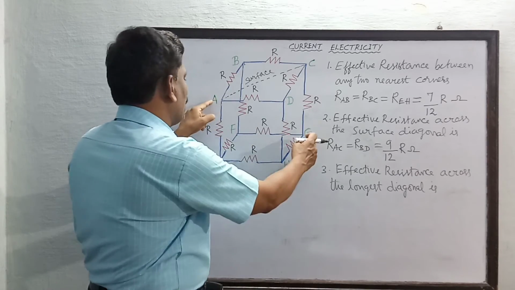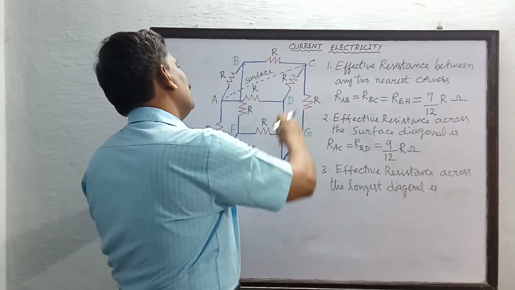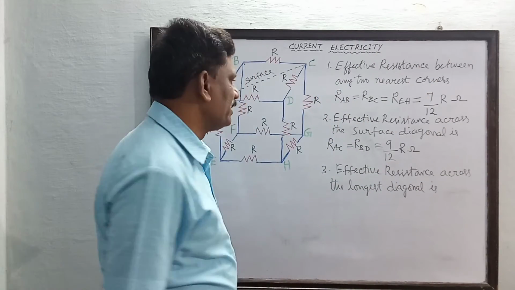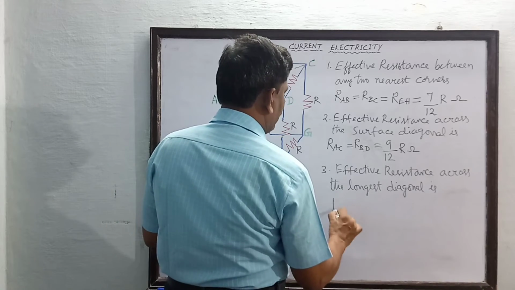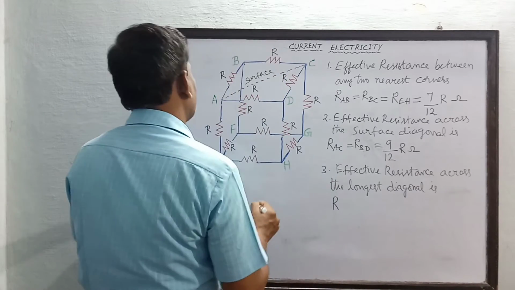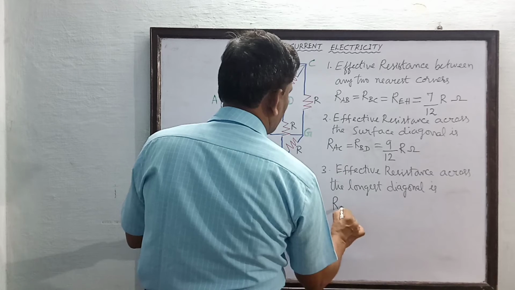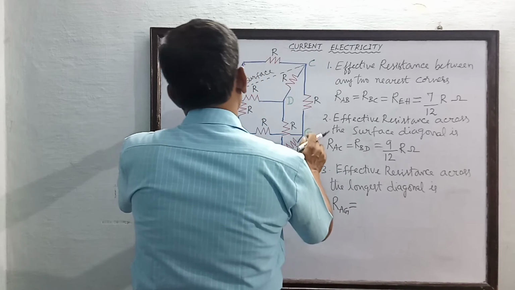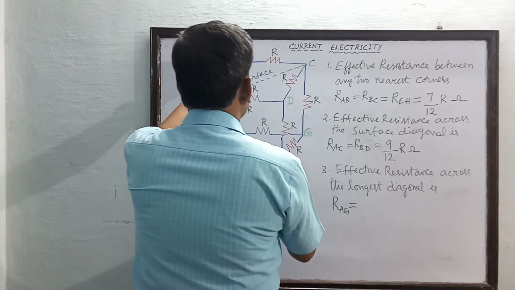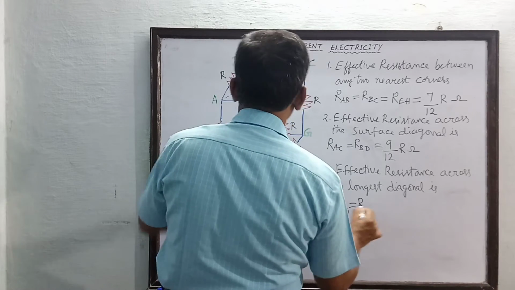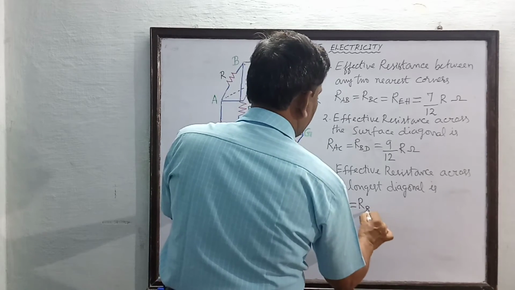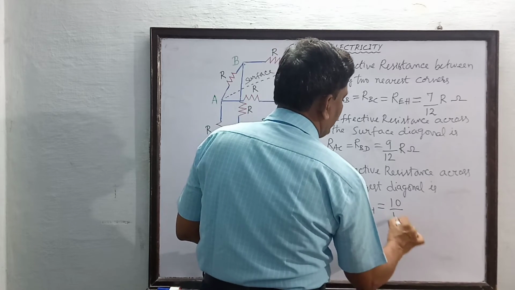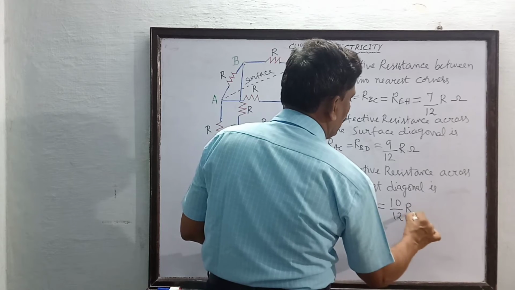Similarly, the two corners E and C. If you join any two longest diagonal corner points, for example A and G, R_AG is equal to R_BH. So this is equal to 10 by 12 into R ohm.